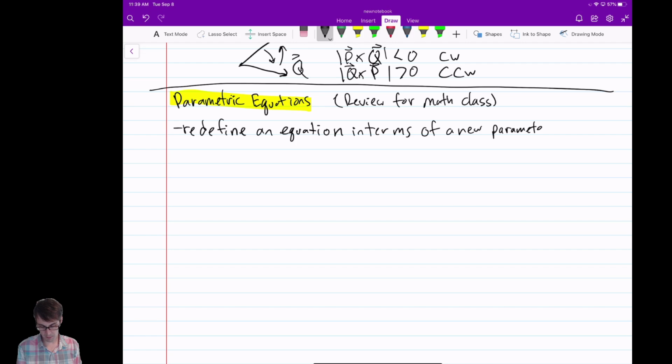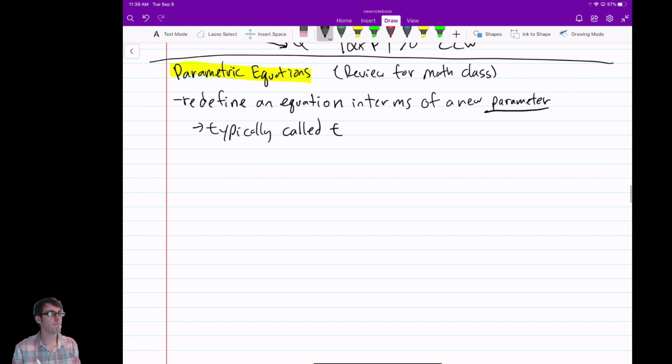So a new variable that wasn't there before. That's why it's called parametric. It's a new parameter. We typically call this t. Helps if I can spell. Typically called t. I don't know why. For curves and lines, it's basically what you're going to use it for in graphics.